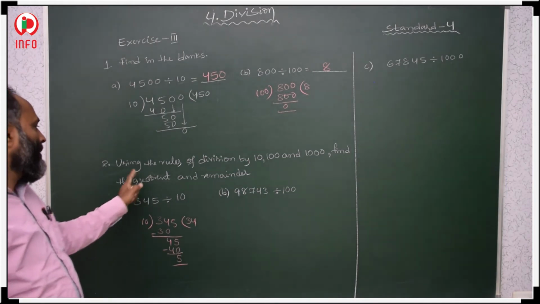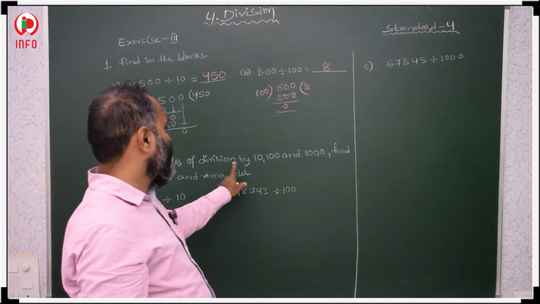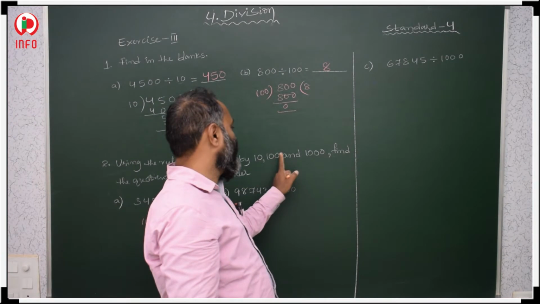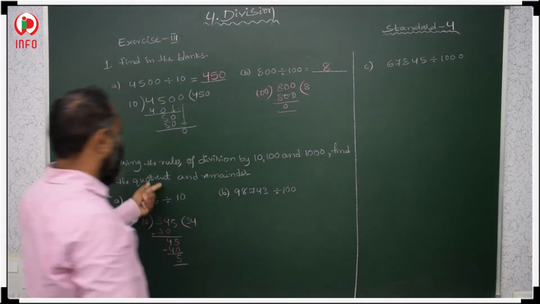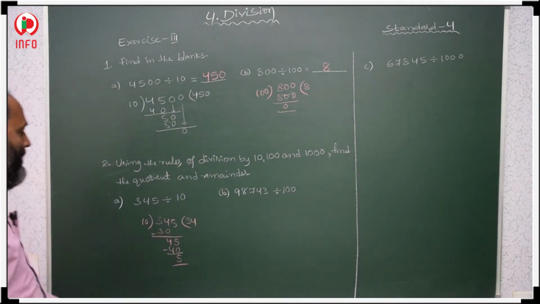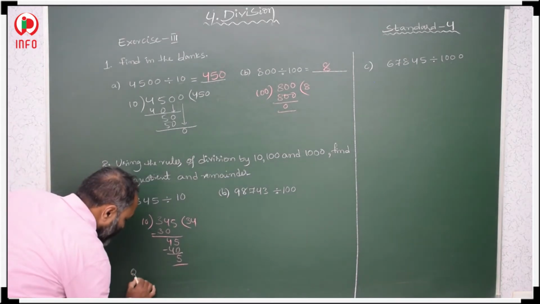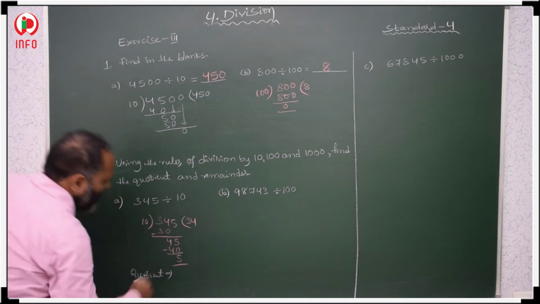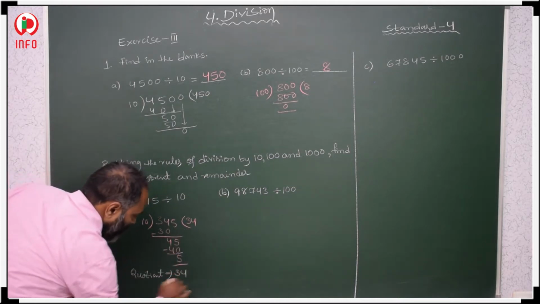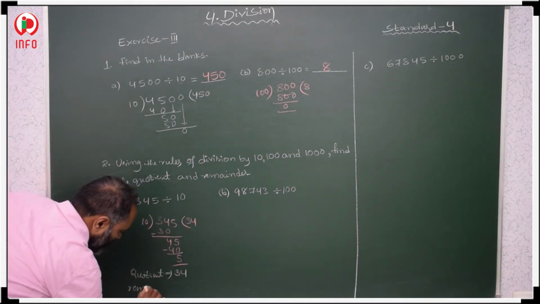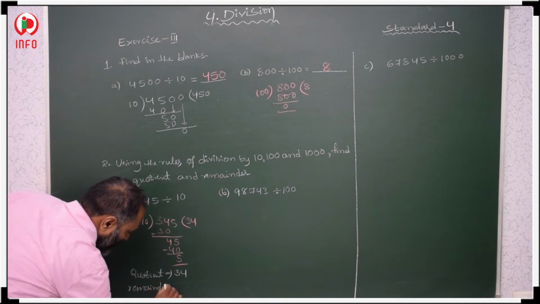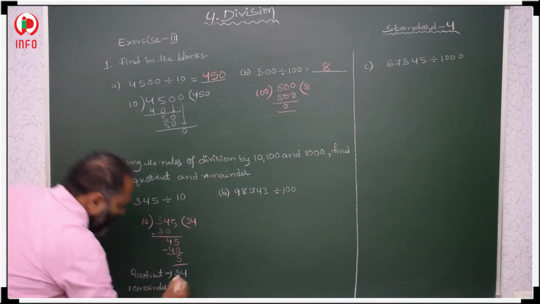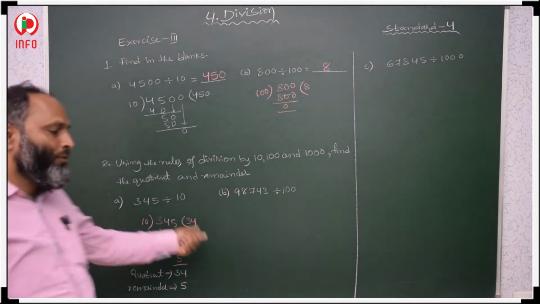So using the rules of division by 10, 100 and 1000, find the quotient and remainder. What is the quotient? Quotient is 34, remainder is 5.